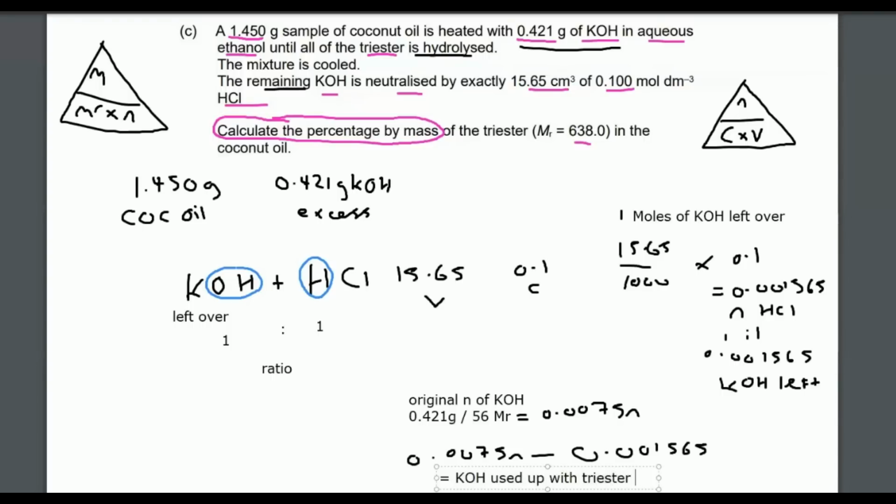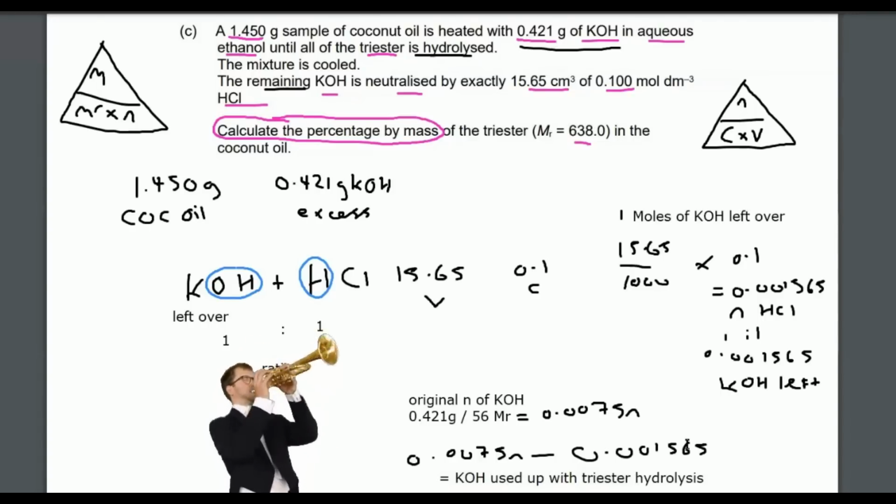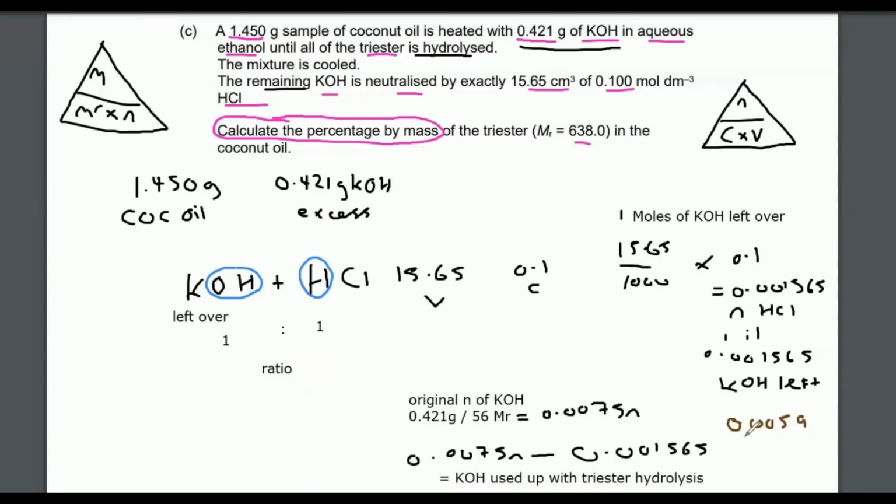And what we're going to get there is 0.005935 moles of KOH reacted with the triester. Now, if it was a 1-to-1 reaction with the triester, we'd also have 0.005935 moles of triester that was used up, but it's not a 1-to-1 reaction.